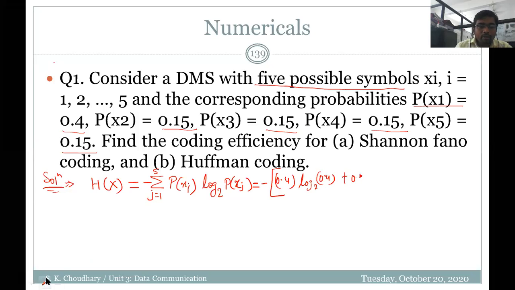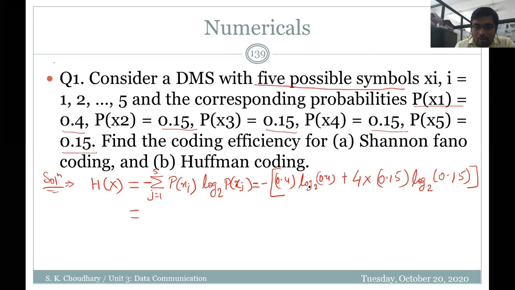One more thing, the rest of the 4 probabilities have the same value, so we directly count them: this is the remaining 4 messages, multiplied with 0.15 log base 2 of 0.15. So it reduces the space and makes the system simpler.